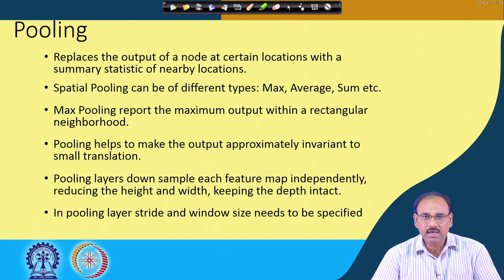One is that it reduces the size of the feature map: at every location in the output, the pooling operation replaces the output with a summary statistic of nearby locations, and the dimension of the feature map is reduced. The other effect of pooling is that it makes your feature map, to some extent, invariant to translation.